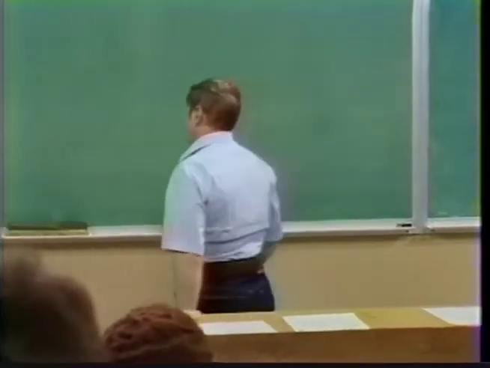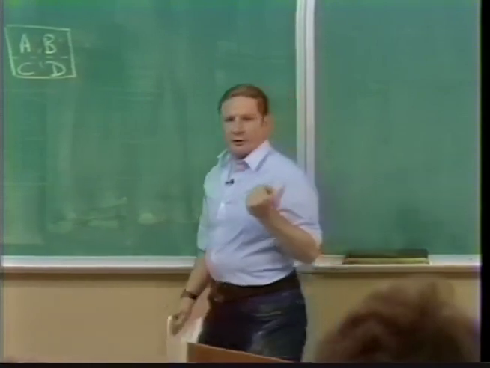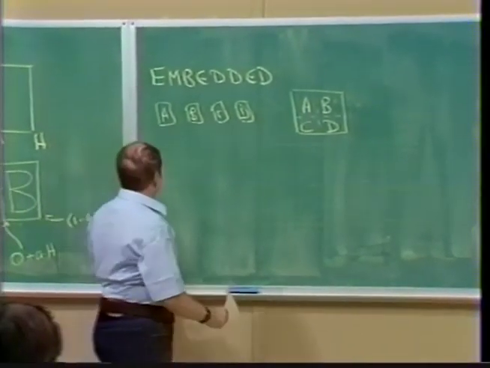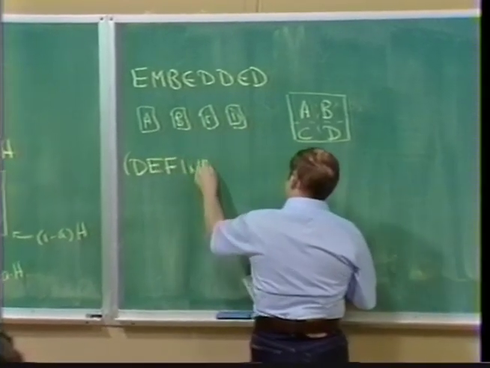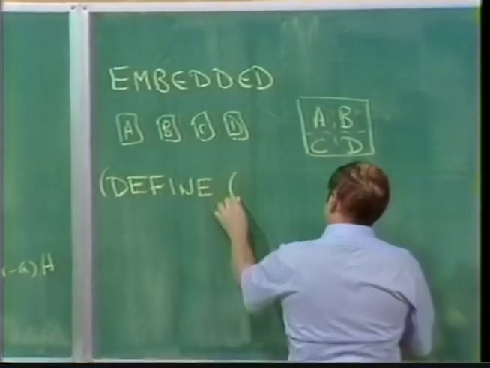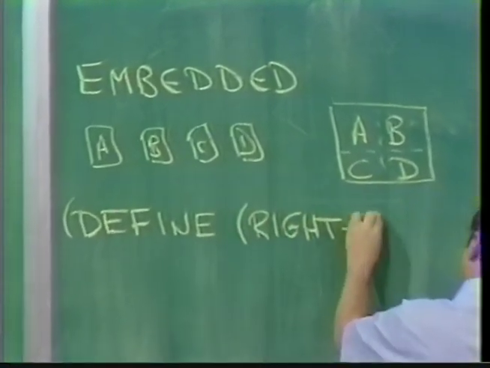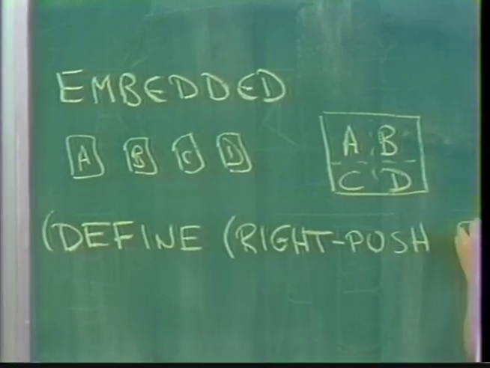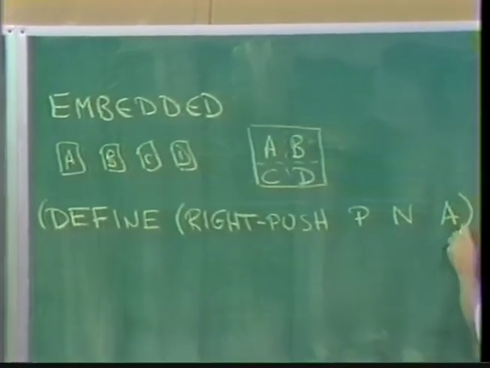Or, even more, suppose I wanted to use recursion. Just look at a recursive means of combination on pictures. I could say define. Let's see if you can figure out what this one is. Suppose I say define what it means to right push a picture P, with some integer n and some scale factor a.